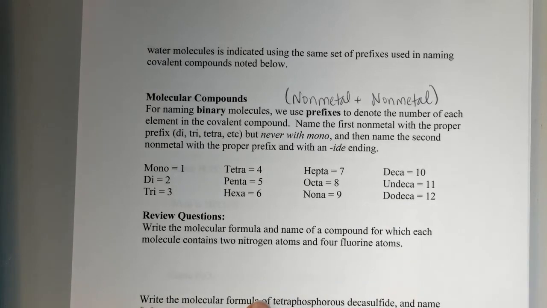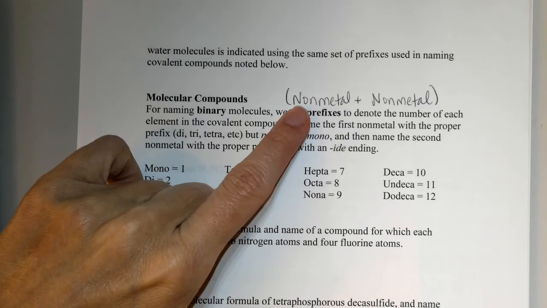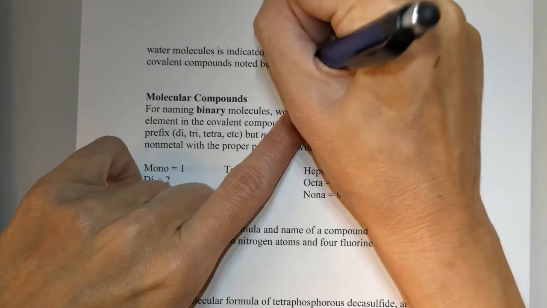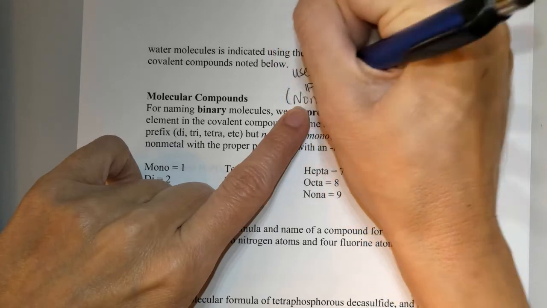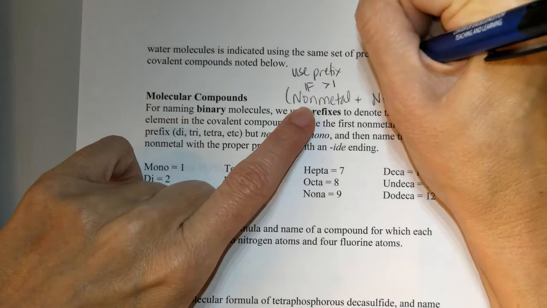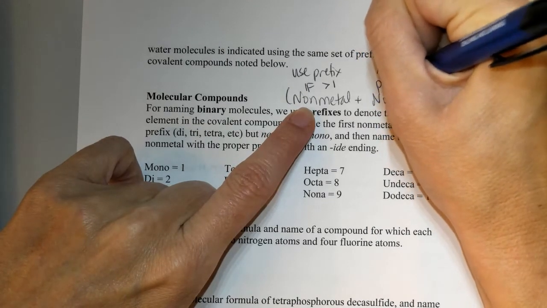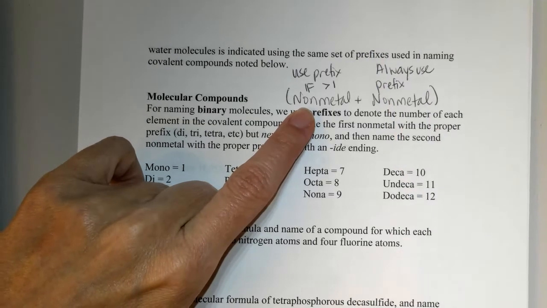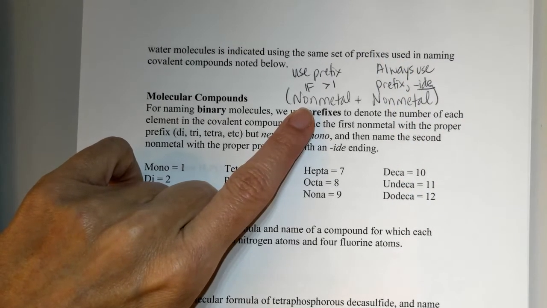So we're going to have 2 nonmetals in the compound. The first nonmetal we name as is, and we use a prefix only if there's more than one. For the second nonmetal, we always use a prefix, and just like with binary ionic compounds, we always push that ide ending.